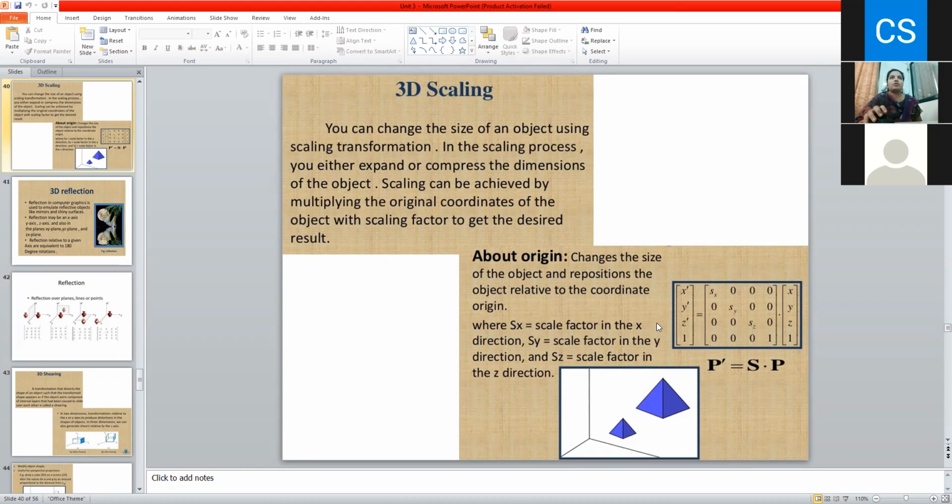And if these three factors are unequal, that is they differ in values, then it is called differential or non-uniform scaling. These diagonal elements are responsible for scaling. This is the scaling factor along the x-axis, this is the scaling factor along the y-axis, and the third is the scaling factor along the z-axis.